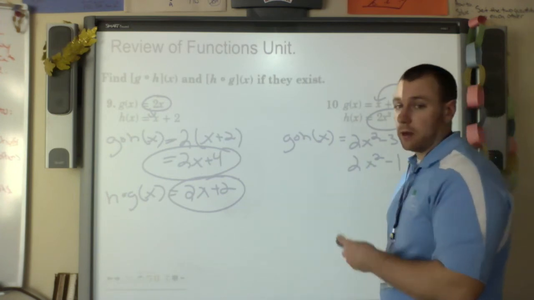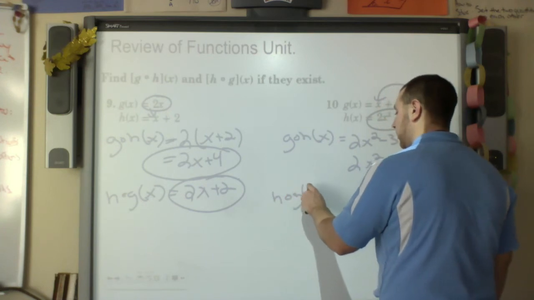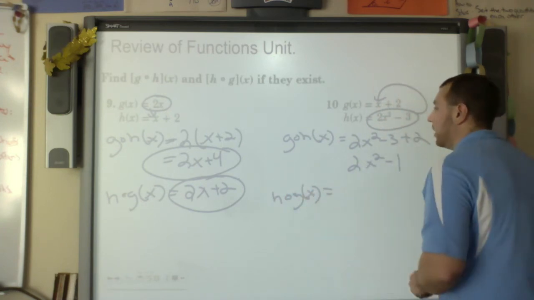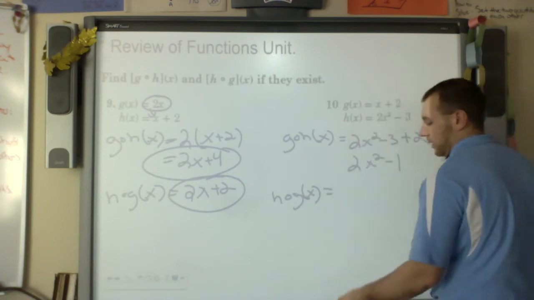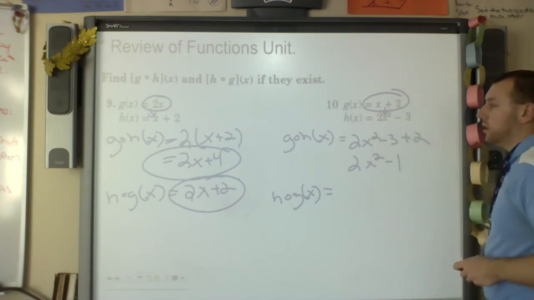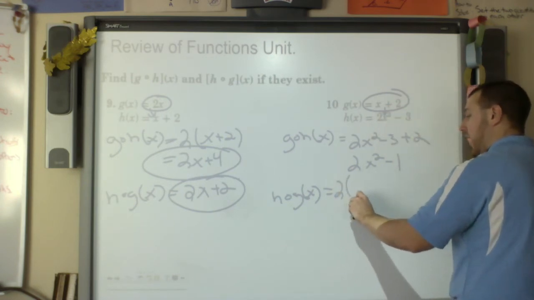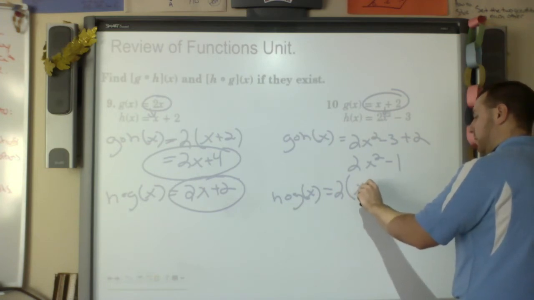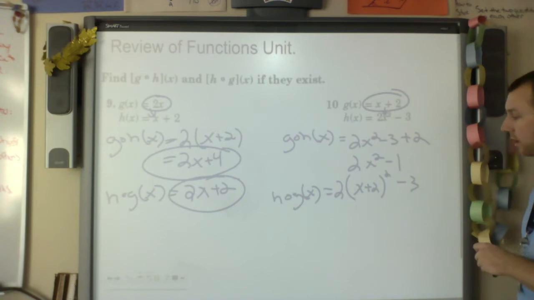Well, the problem comes when I do my h of g of x. That's when I'm taking my x plus 2 and I'm plugging it in to my x. Well, that becomes 2 times x plus 2 squared minus 3.